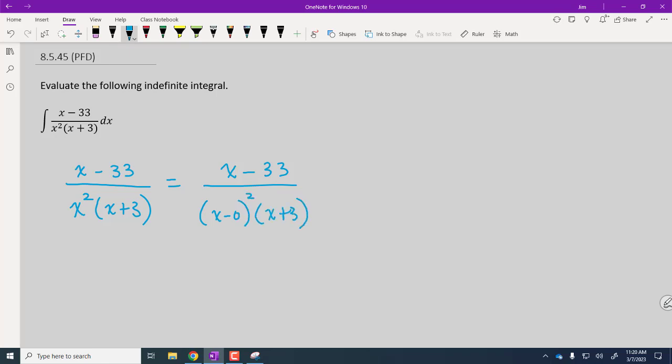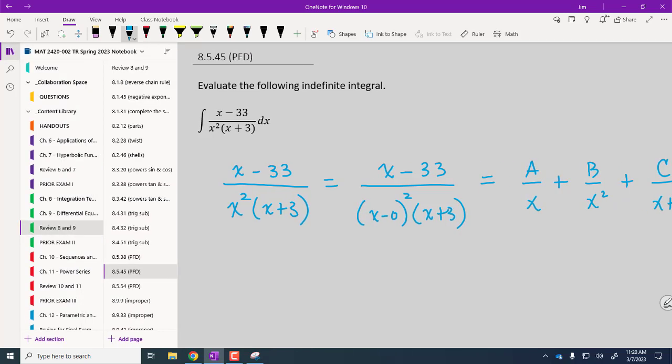So it's a linear factor that's squared. It's not an irreducible quadratic. So the setup would be a over x plus b over x squared. And if it was x cubed, it would be a over x, b over x squared, c over x cubed. Everyone okay with that? So think of that as a linear factor that's squared.